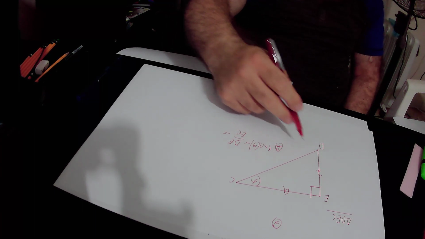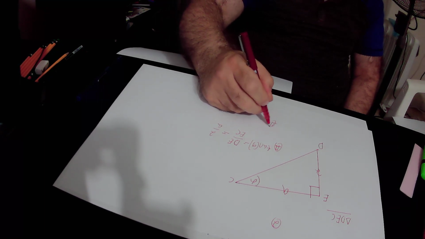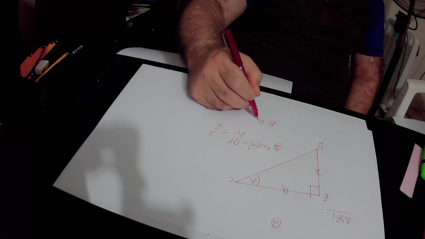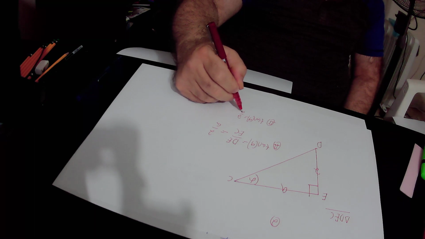DE equals 2 units, EC equals a. So in conclusion, according to equation number 2, tangent alpha equals 2 over a.